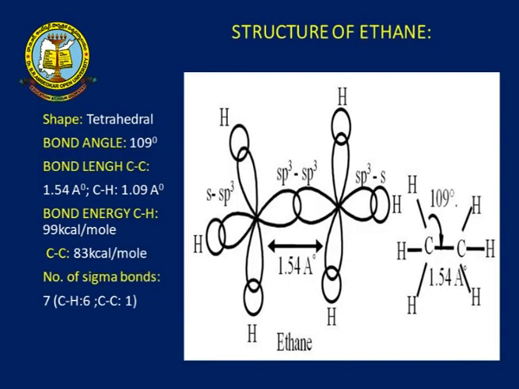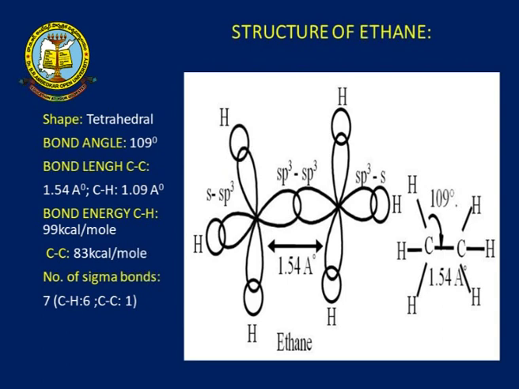So one bond is an sp3-sp3 overlap of two carbons and the other six are sp3-s overlaps. Therefore there are six C-H bonds and one C-C bond, and this C-C bond length in sp3 hybridization is 1.54 angstroms.